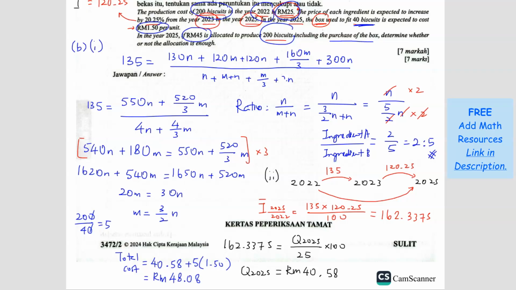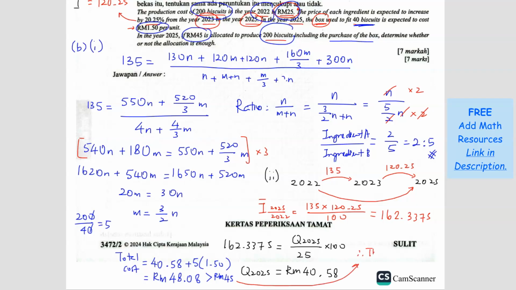Okay, wait, let me check. 1.5 times 5, 7.5, plus 40.58, 48.08. So is it enough? This one already exceeded the 45 ringgit allocation, correct? Because you've already exceeded, that means the allocation is not enough.